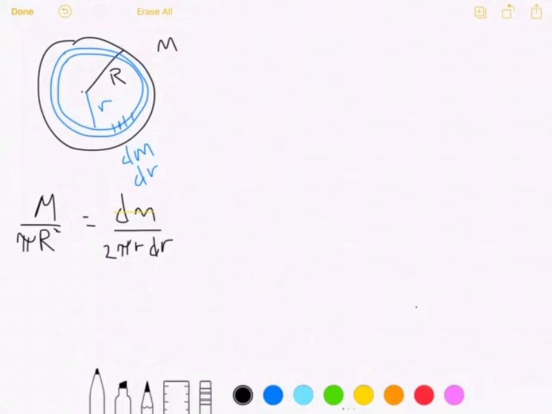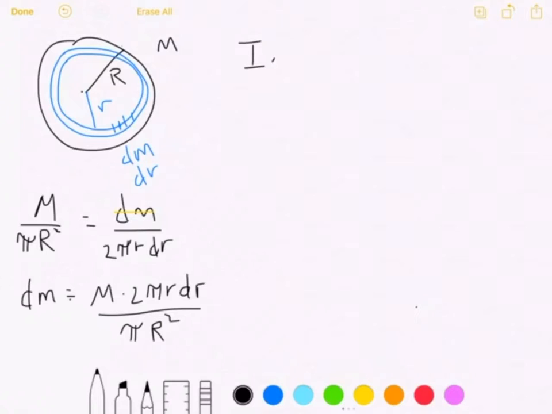So we're going to cross multiply, divide both sides by pi R squared. We'll get dm is equal to big M times 2 pi r dr divided by pi R squared.